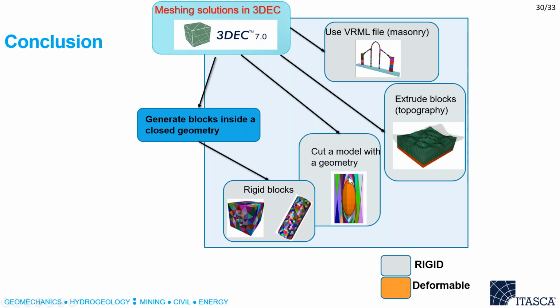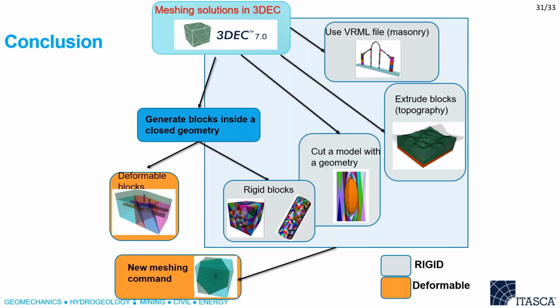We can use geometries to cut, and also we can extrude blocks to have a model that conforms to a topography. With these geometries, using the merge option, we can also have directly deformable blocks. And we have also this new meshing command that allows us to have more control on the mesh size in different locations of the model.